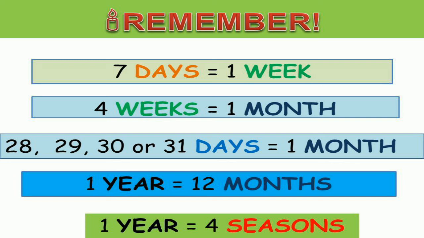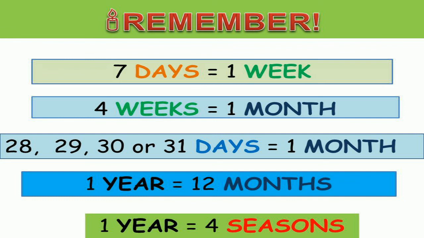And 1 year is equal to 12 months. So January, February, March, April, May, June, July, August, September, October, November, and December. These are 12 months, and 12 months means 1 year.